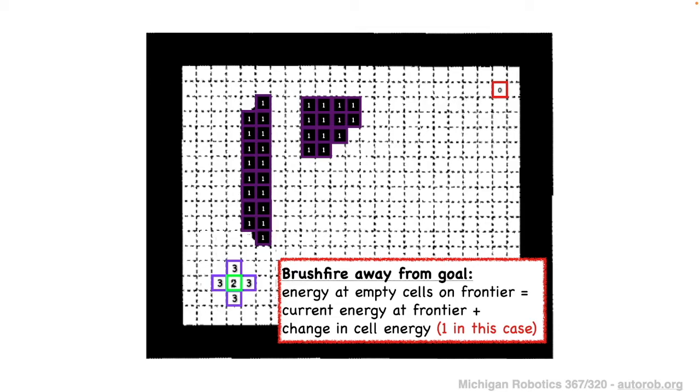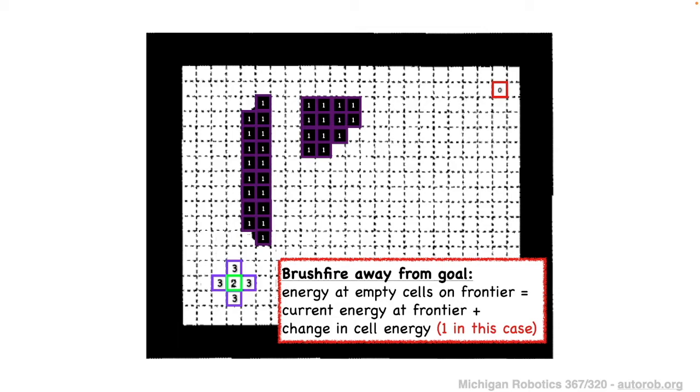That's where the inclusion of the potential field comes into play. The potential field defines that gradient, the change between these two discretized points in our grid. For the purposes of this demonstration, let's for simplicity define the change in cell energy to be the constant of 1.